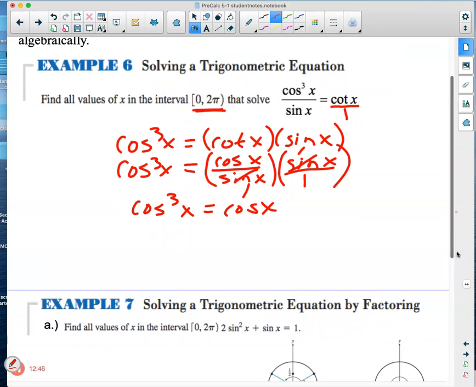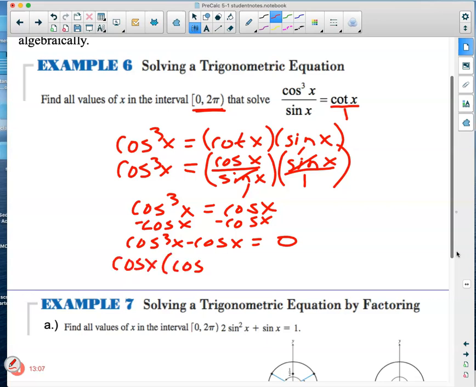So what I'm going to do is subtract the cosine of x from both sides and get it equal to 0 so that I can factor. So we treat these like polynomials, even though they're trigonometric equations. We're going to factor out a cosine of x, and we'll get cosine squared x minus 1 equals 0.